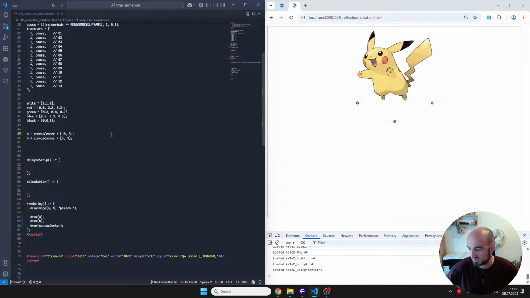For the reflection, I need the normal vector of the line, I think. So what I'm thinking about is now we want to have the geometric representation of the line we can use for our reflection calculations, and we also want to have something we can draw, and maybe that's not the same. So let me have a think about this.